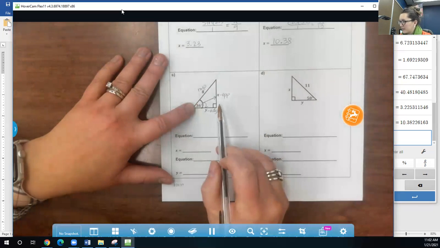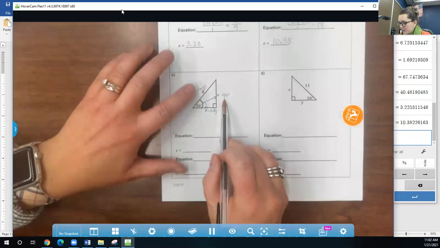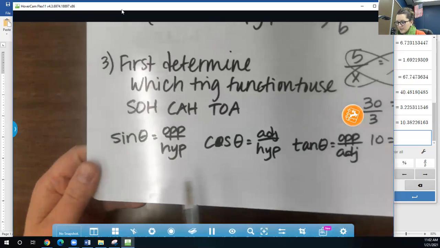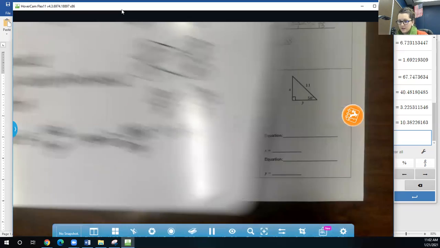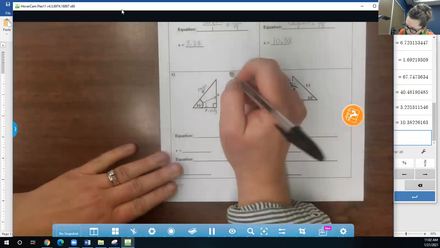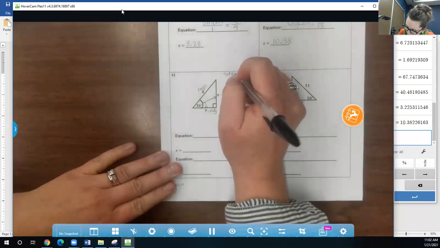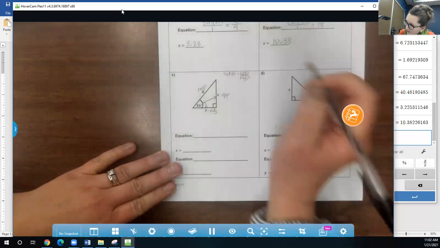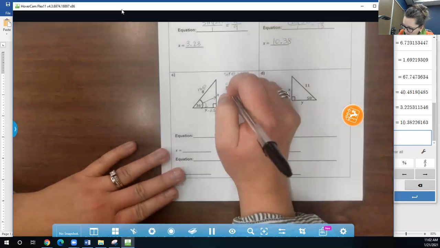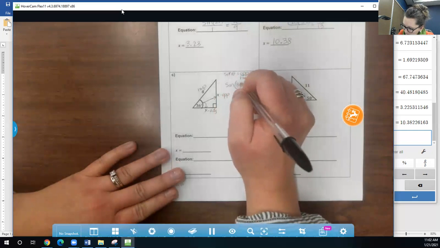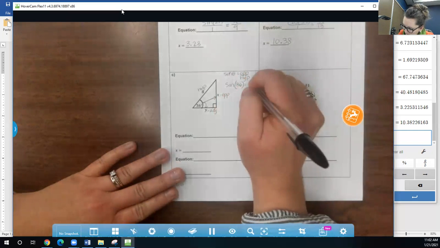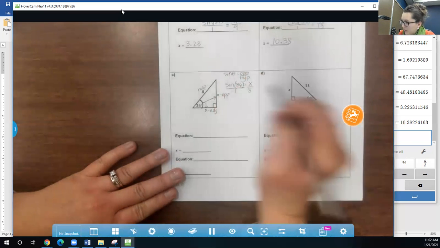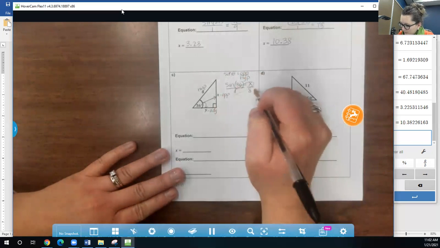So let's solve for x first. It's opposite and hypotenuse. So I'm going to look for a trig function that is opposite and hypotenuse. It looks like it's sine, right? So I'm going to say sine of theta equals opposite divided by hypotenuse. Now I'm going to plug in my numbers. Sine of 36 equals x divided by 8. Make it a proportion by placing it over 1. We're going to cross multiply.